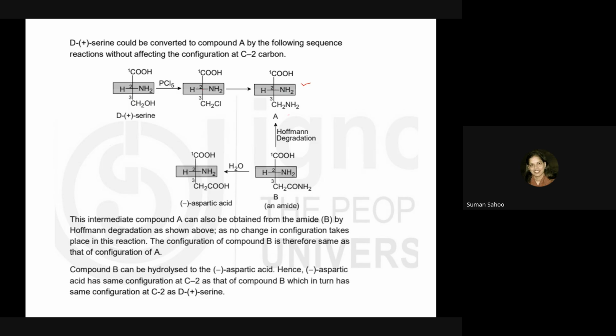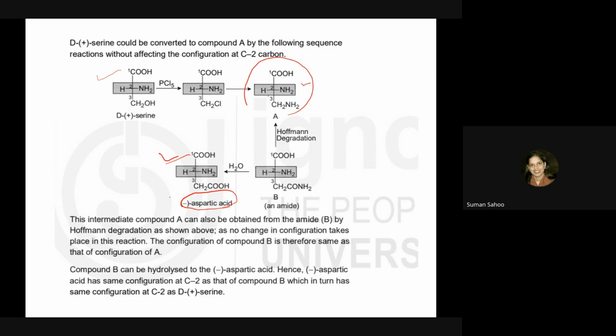And this compound can be prepared again from an amide, where there is also no change in configuration at carbon number 2. When this amide is hydrolyzed, it gives aspartic acid. So D-serine gives this amine, which can again be provided by the amide through Hofmann degradation, and it can give aspartic acid where carbon number 2 is unchanged. That means this one and this one should have the same configuration at carbon number 2.